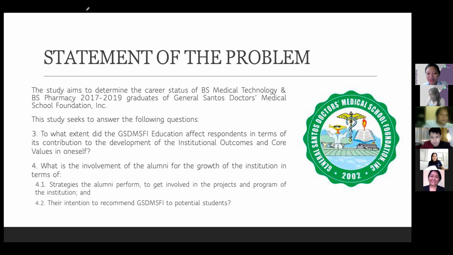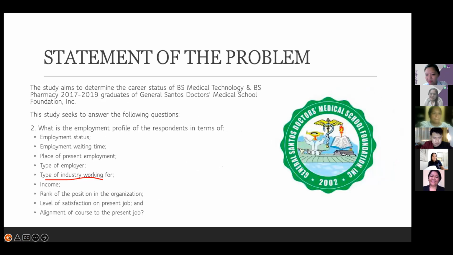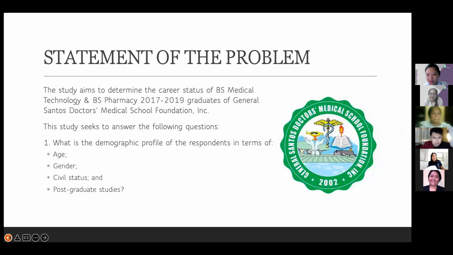Going back po doon sa demographic profile, is it okay if we are going to ask the respondent if they are a board passer or not? Pwede naman. Actually, sa ibang tracer study, tinatanong talaga ang kanilang condition sa licensure examination.